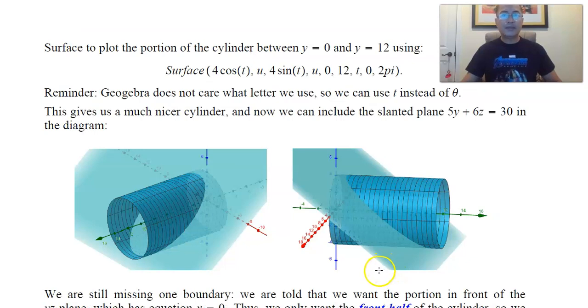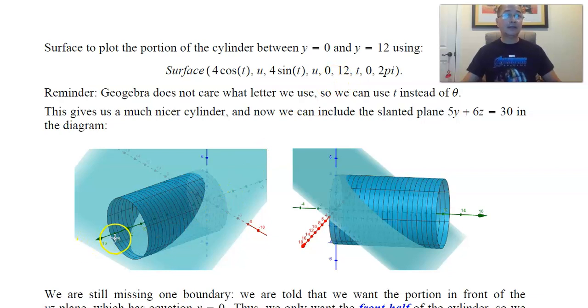The first step to making a satisfying diagram is to work on the cylinder. It's very easy to turn the cylinder into a parametric surface because it's basically a circle moving along the y-axis. I decided to make our parameters, as usual, u and t. U will go from 0 to 12, and it will represent the y-coordinates.